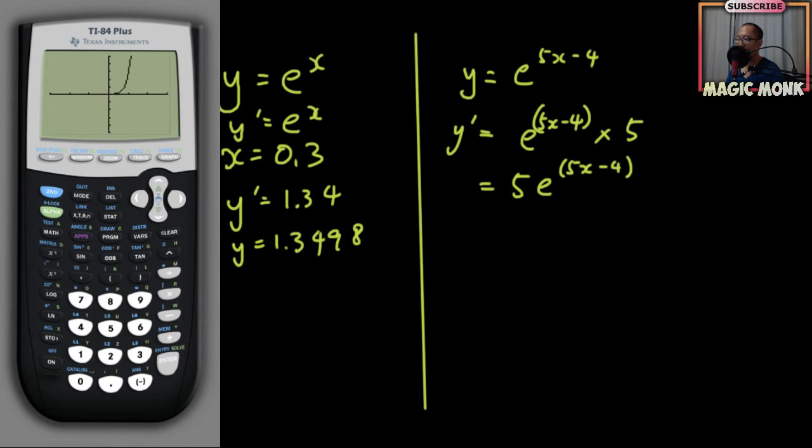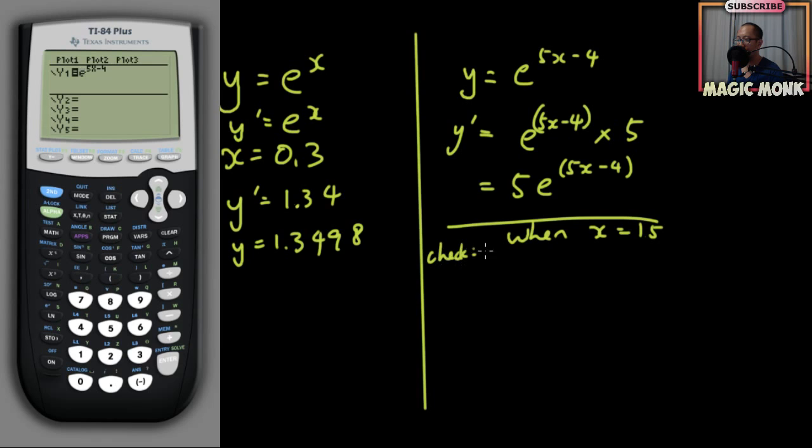Yeah, it's still like that. Anyway, let's just go to when x is equal to 1.5, this is just checking. So y dash is equal to, sorry.